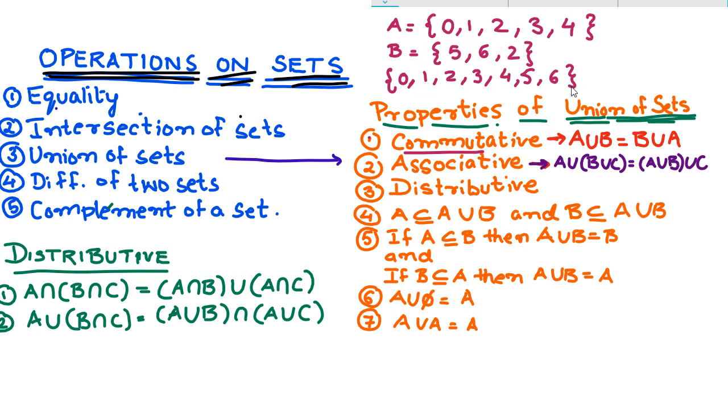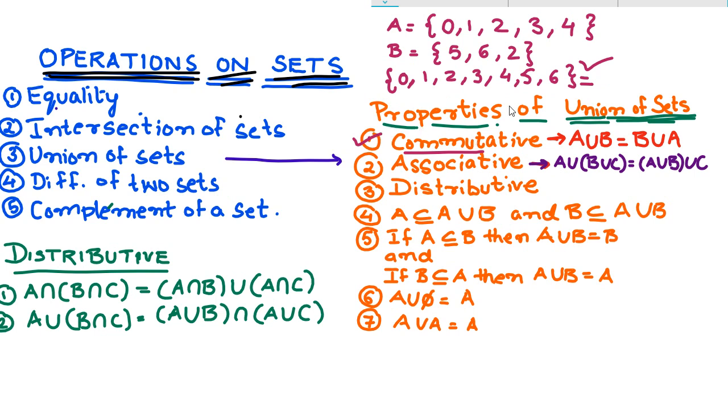A set will always have a single element of a common type. So just remember that. Now let's do B union A. It will come to the same, so the commutative property holds true.